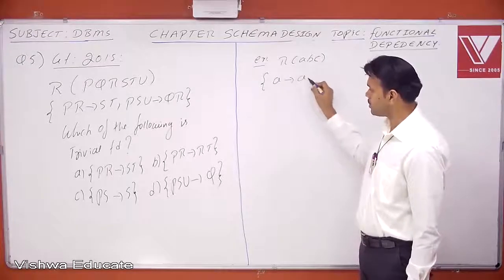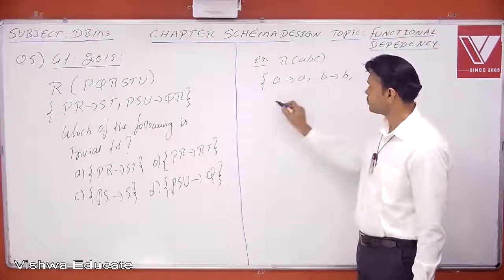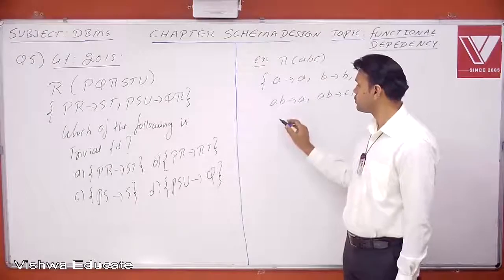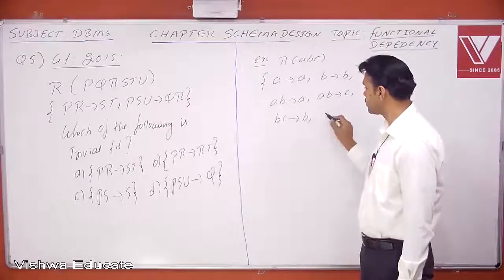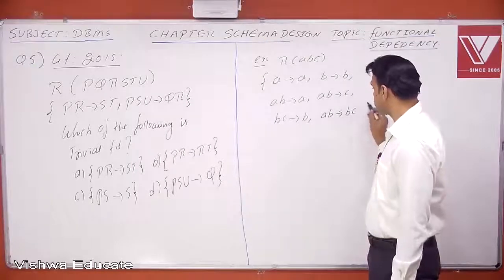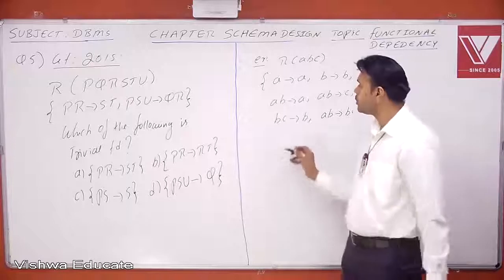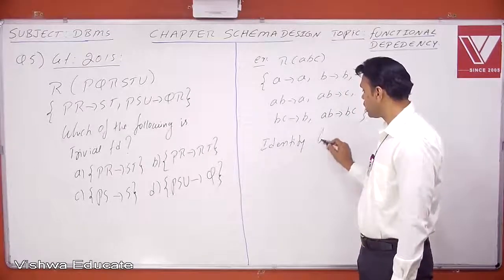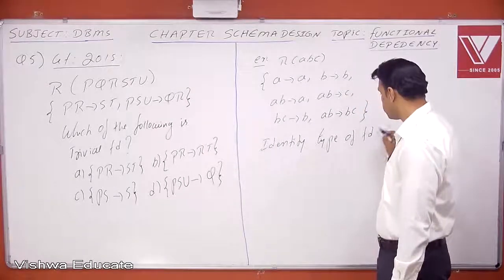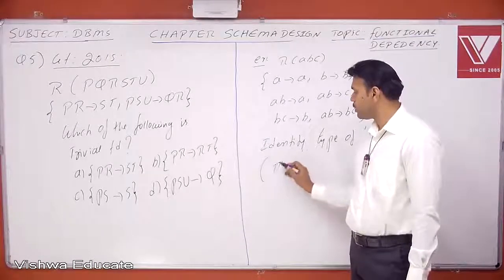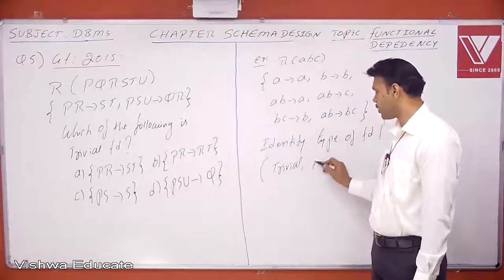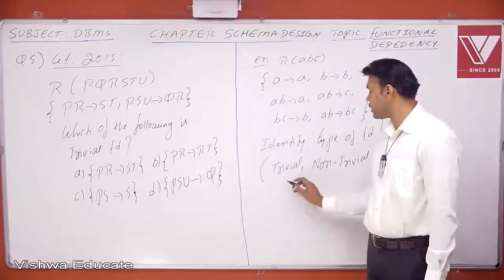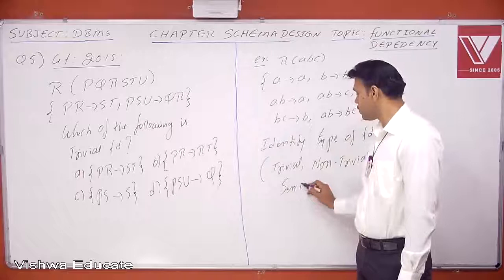And I am writing some dependencies. Now we need to identify the type of FD in brackets, whether it is trivial, non-trivial, or semi-non-trivial.